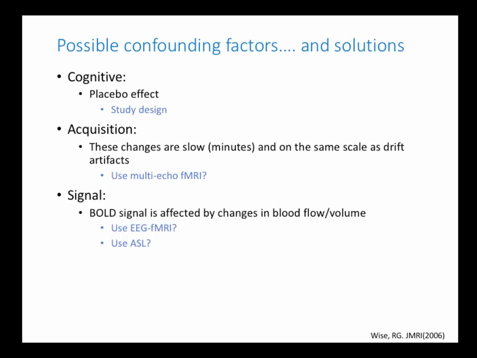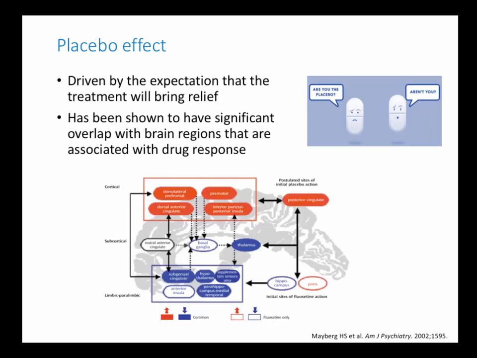All right, so moving right along, let's look at the possible confounding factors in trying to measure a drug response. First, let's talk about the cognitive effects. Unlike when you give somebody a task where you can see their response and whether they got the question right or wrong, there's something called the placebo effect, which most people should be familiar with.